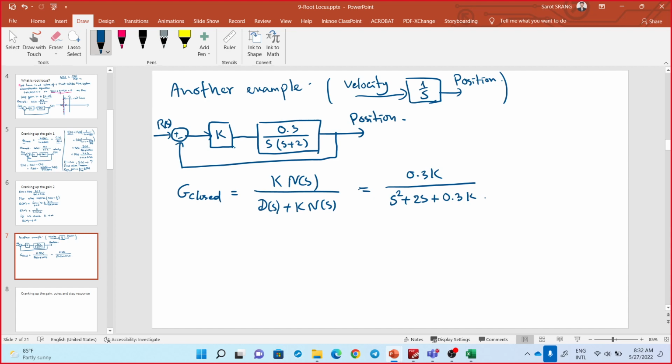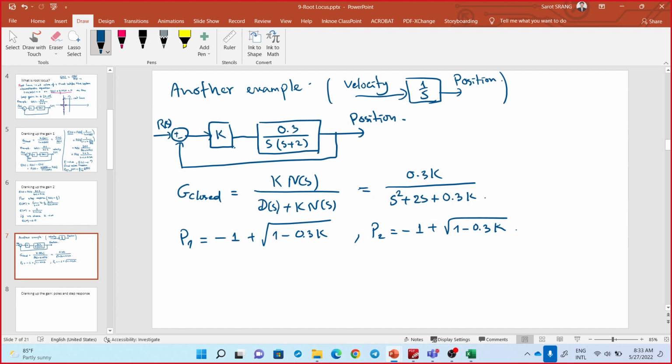So now for the system you have pole 1, minus 1 plus square root of 1 minus 0.3k, because delta prime is 1 minus 0.3k, and pole number 2 is minus 1 minus square root of 1 minus 0.3k.